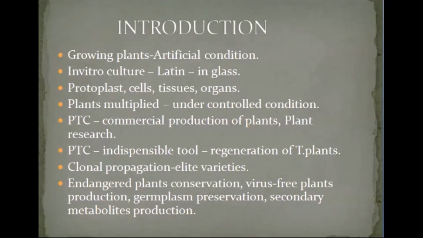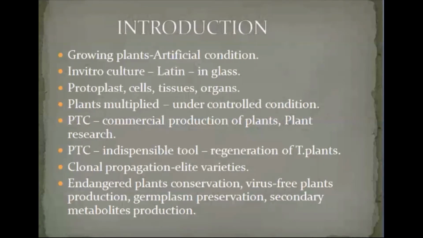What is the meaning of artificial condition? One simple example for artificial growth, but it is a natural one: we are removing the plants from the natural environment and keeping them in containers, for example, if you grow a plant in a pot, that is one example. But in a pot we have soil, while in plant tissue culture we won't use any kind of soil.